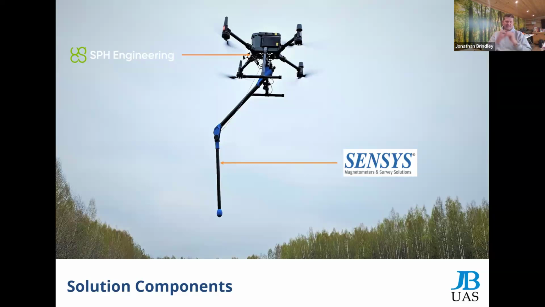The first part is the SkyHub and True Terrain Following kit. That's the bit that takes data in and allows the drone to fly at the height we want it to, and that's by SPH Engineering. The second part, which is the main part if you like, is the actual magnetometer itself, which has been designed by SENSYS.